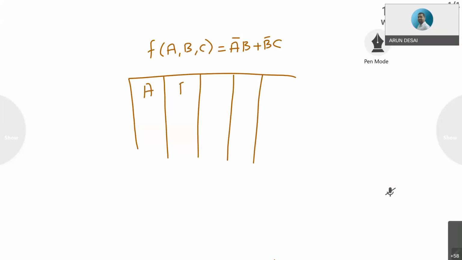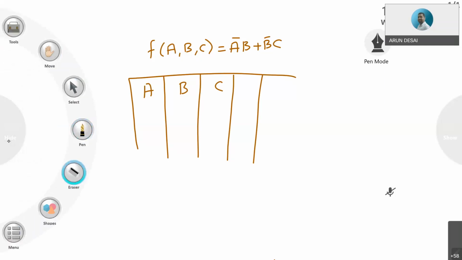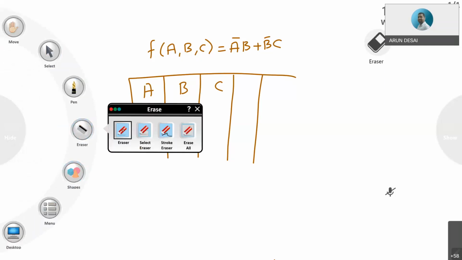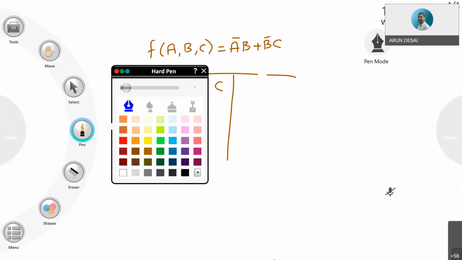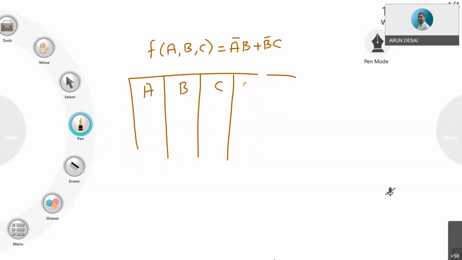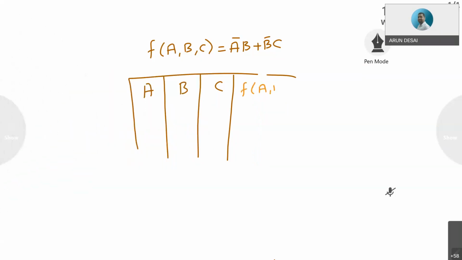So A, B, C are three variables, and then the function is f of ABC.